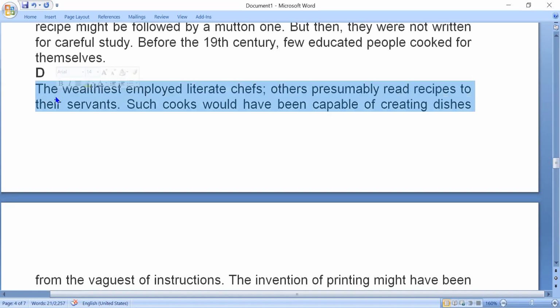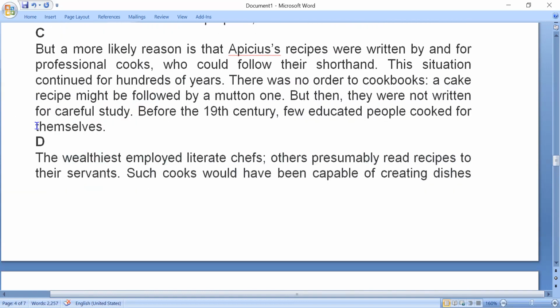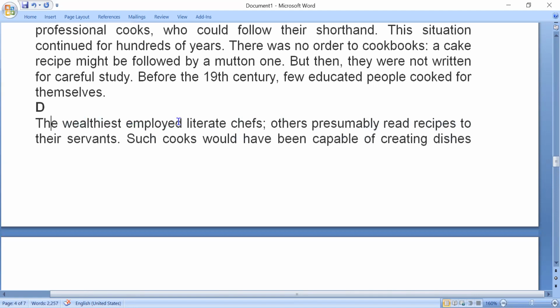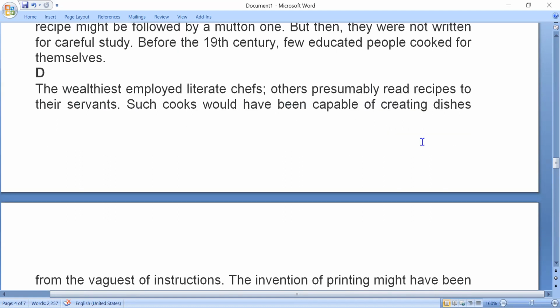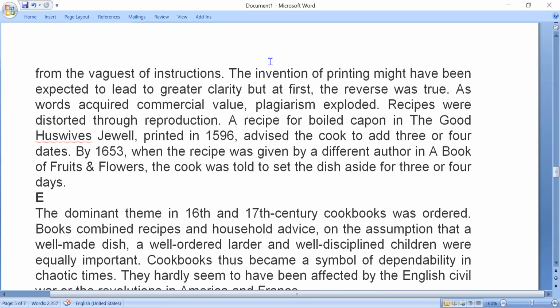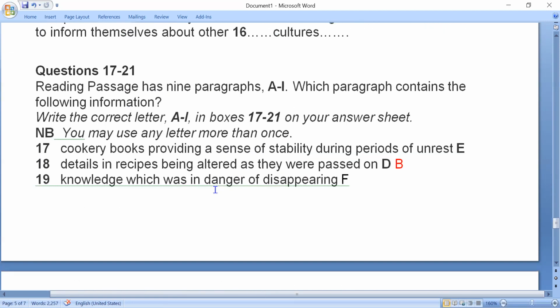Okay, let's look at from this one since we have solved C. The wealthiest employed literate chefs, added presumably rich recipes to their service. Such cooks would have been capable of creating dishes from the vaguest of instructions. The invention of printing might have been expected to lead to greater clarity, but at first the reverse was true. As words acquired commercial value, plagiarism exploded.